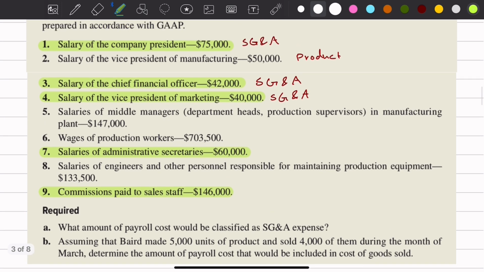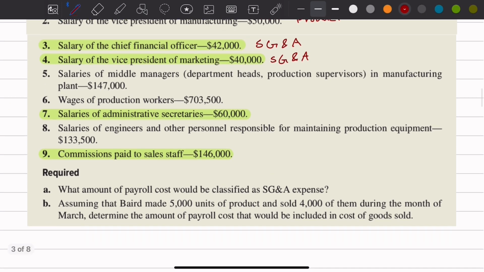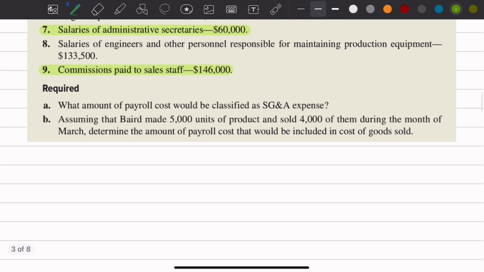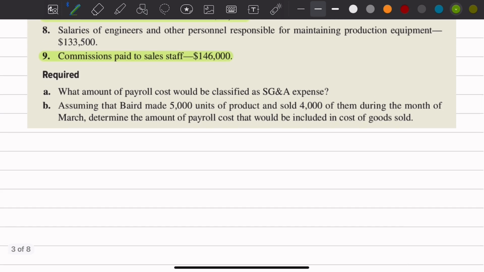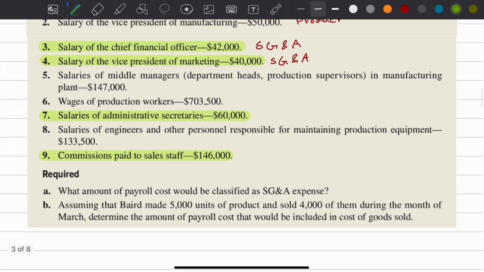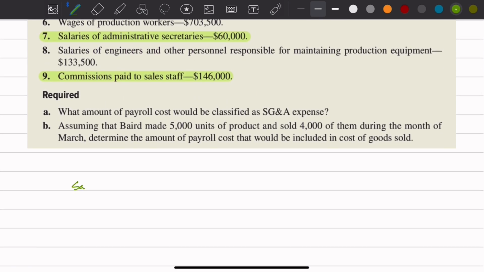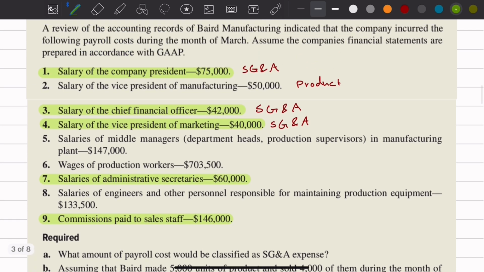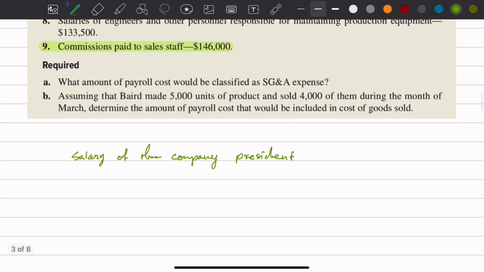Okay, so how many accounts do we have now? 1, 2, 3, 4, 5. 5 we're going to include. So we'll come here and we'll put these expenses together. So the first one, salary of the company president, which was 75,000.